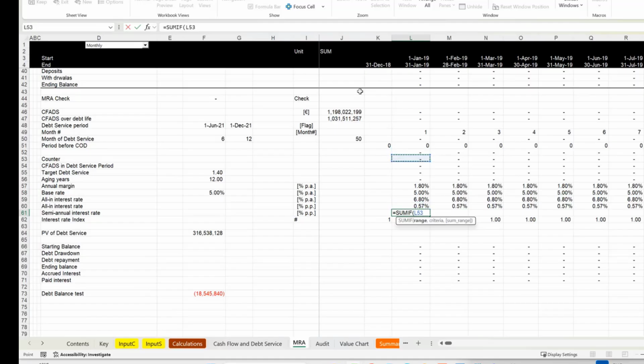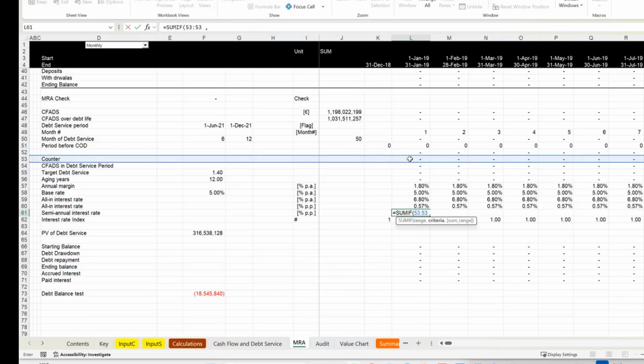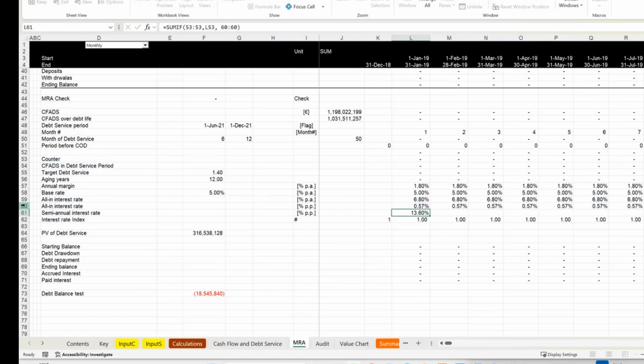Then put a comma, go back up to the counter, and then go up to the all-in interest rate periodic, not the annual. Then multiply by the semi-annual flag, the same flag that you did before.